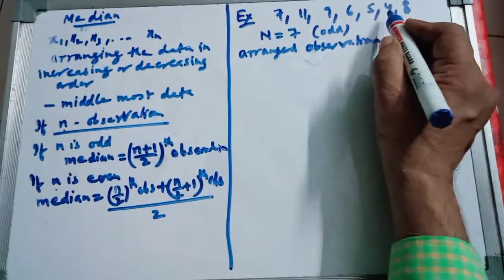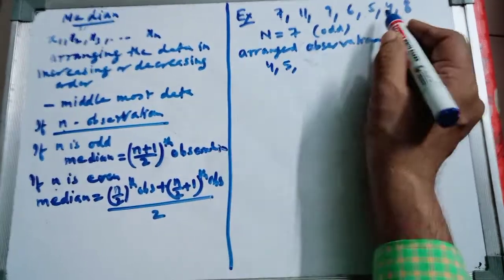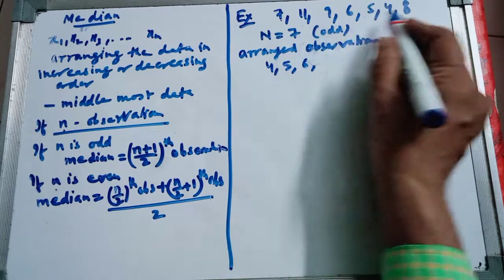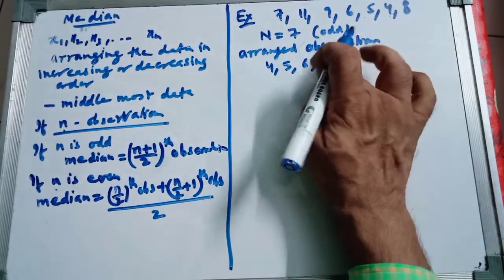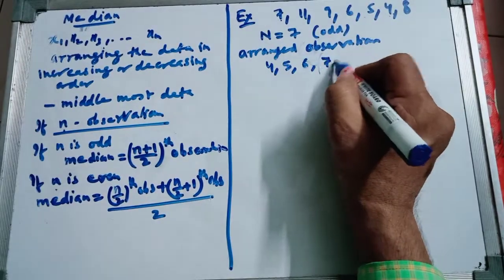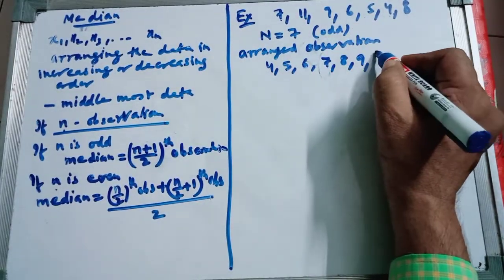I am writing in increasing order. 4, then next one is 5, then next bigger number is 6, next one is 7. So you have to do it very carefully. 8 and then 9 and then 11.